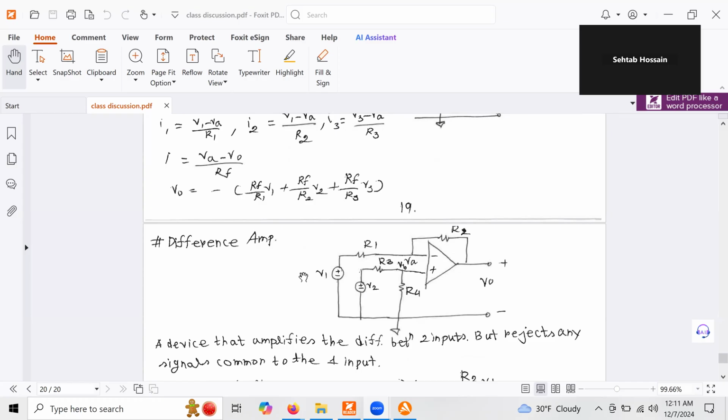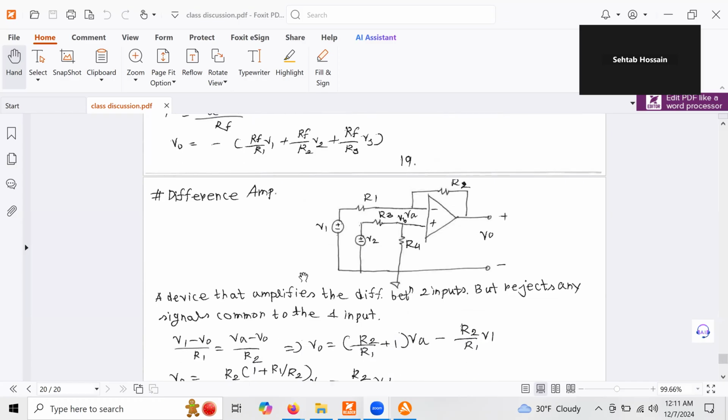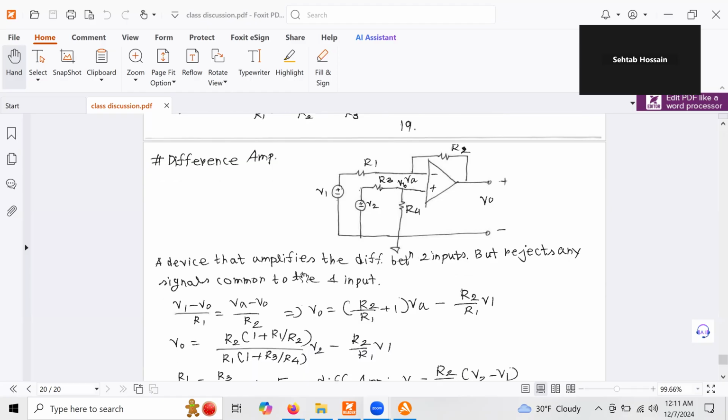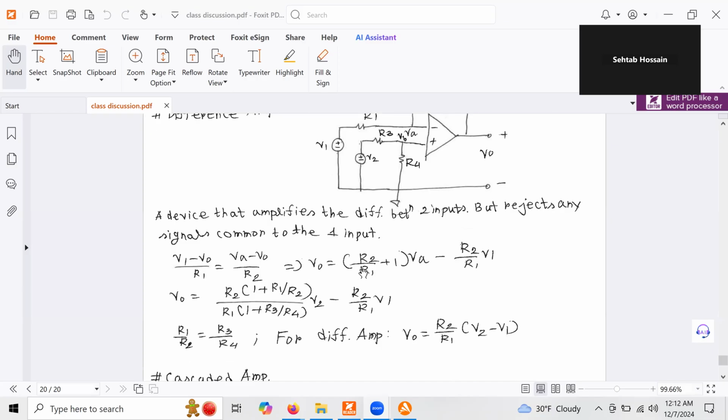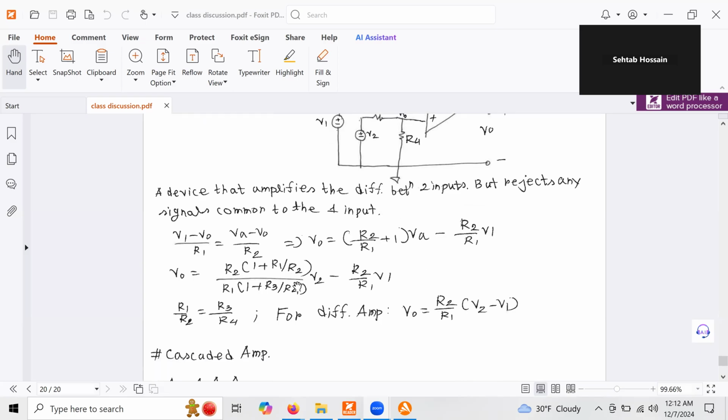For the difference amplifier, I have inputs at both the inverting and non-inverting points. The difference amplifier amplifies the difference between two inputs. If we apply KCL here, this is the non-inverting part and this is the inverting part, then V0 is just like this.